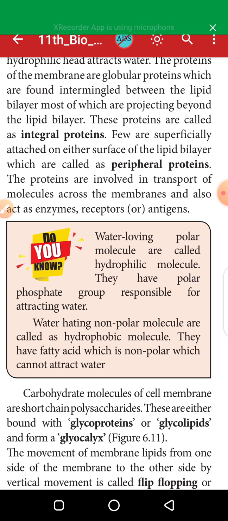Carbohydrate molecules of cell membrane are short chain polysaccharides. These are either bound with glycoprotein or glycolipids and form a glycocalyx.